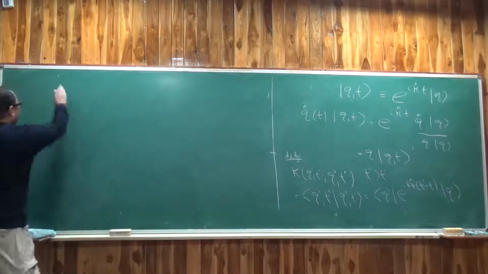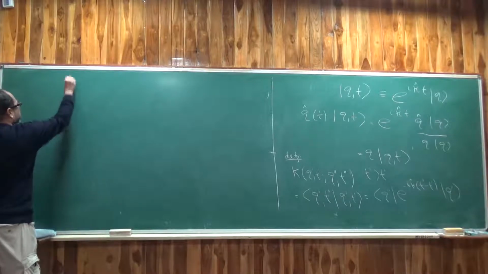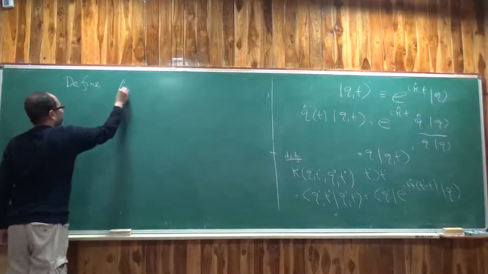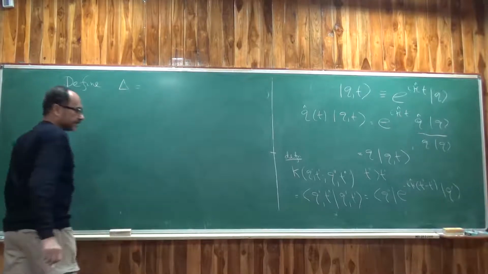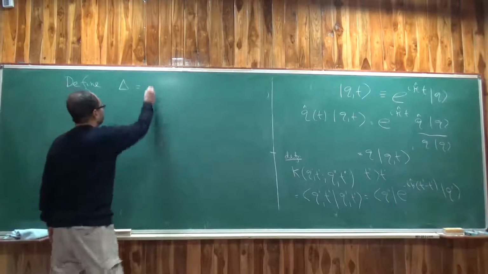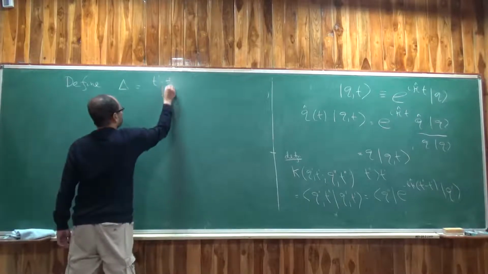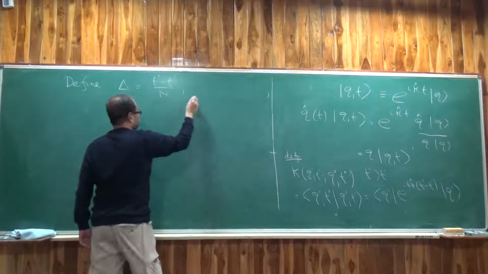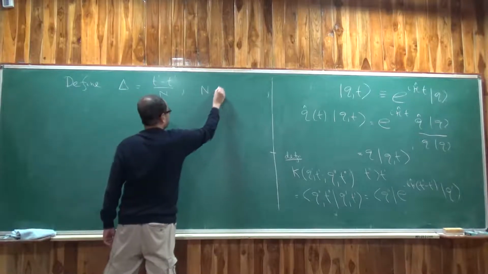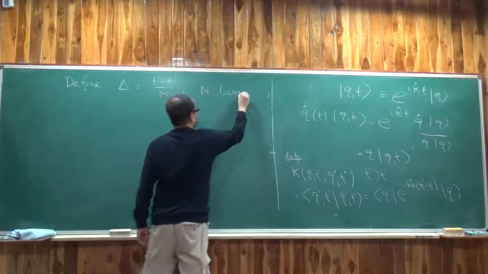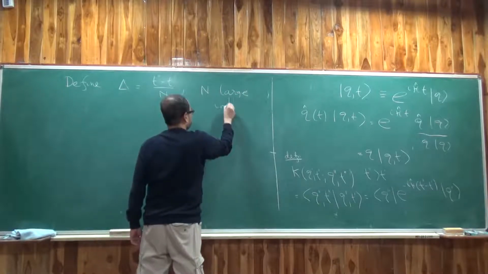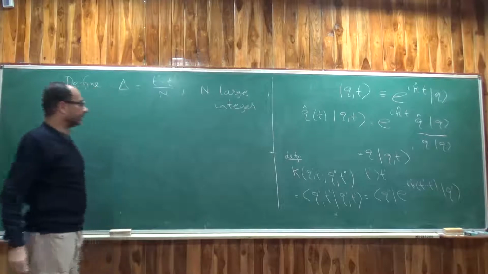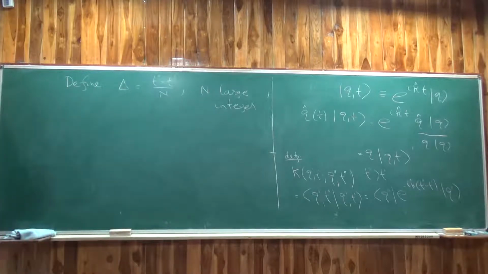So let's define delta as (t'' minus t') divided by n, where n is a large integer. Eventually we will take the limit when n goes to infinity.